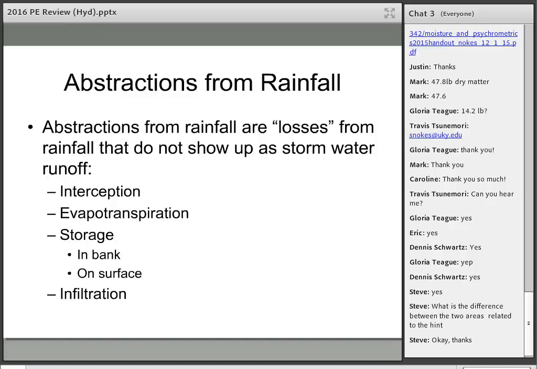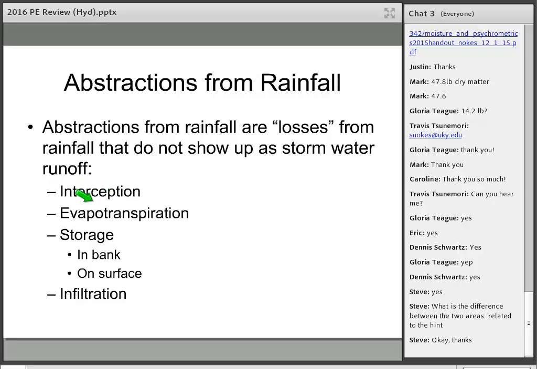Let's talk about abstractions from rainfall for a minute. Essentially, the abstractions are the losses that do not show up as runoff. They are things like interception. Interception is that part of the rainfall that ends up being retained on leaves, on tree trunks, etc., so that it's intercepted before it hits the ground so it can't become runoff.